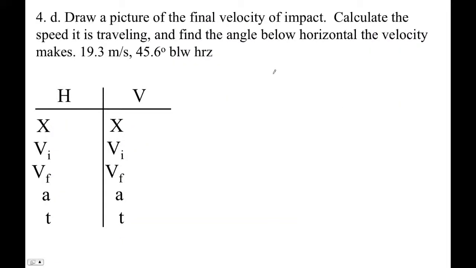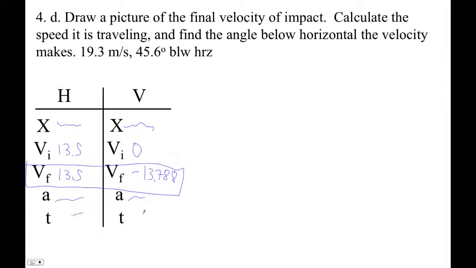And that is, what is the final velocity of impact? Now, if you recall, this was 13.5, this guy was 0, this is 13.5, and this guy was negative 13.788. It's these guys, don't take your x's. We don't really care what that was and what that was. It's these that you want to draw a picture of, right?